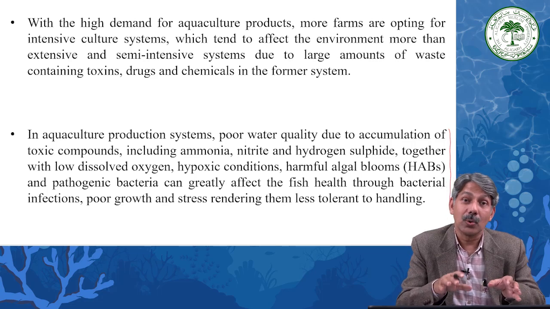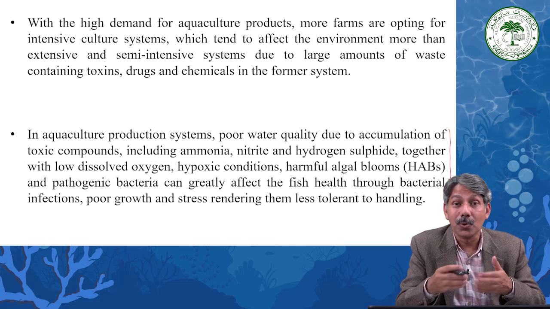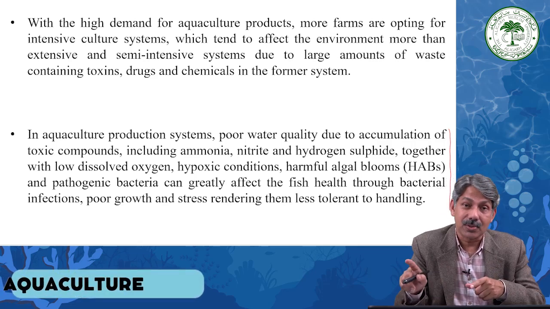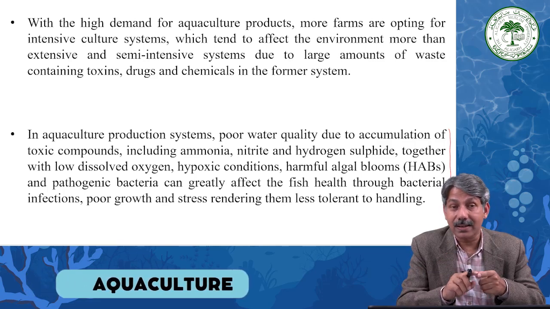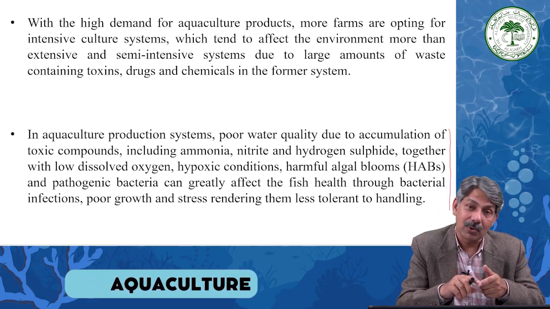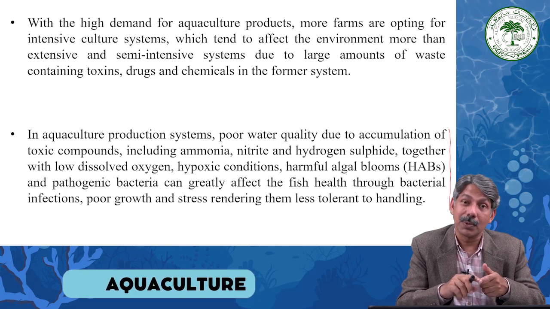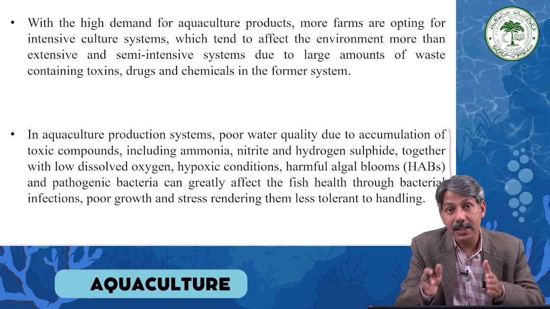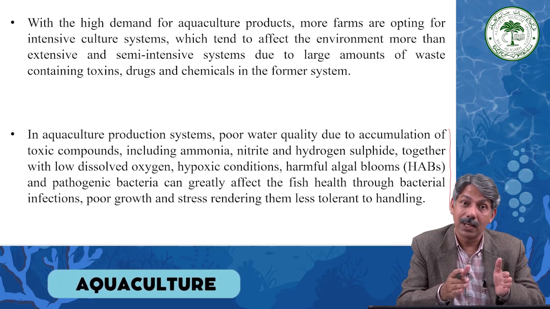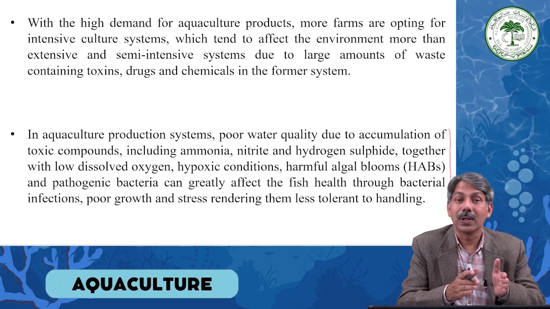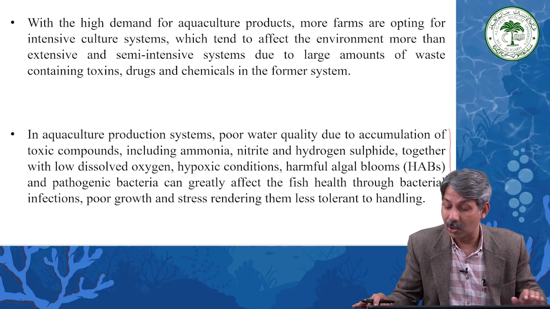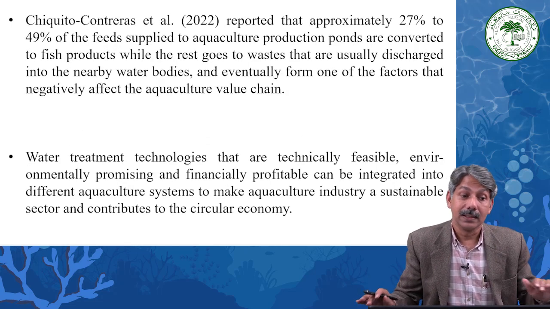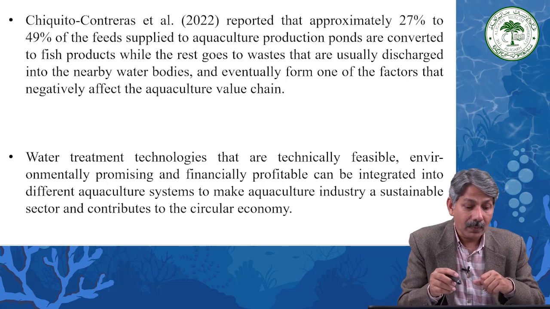That means you are going to add more inputs from outside into the water, and that will alter the chemistry of the water and the characteristics of the water. So, if those altered water quality parameters are not within the optimal range of the fish or any species being cultivated in that system, then your culture practice is going to be adversely impacted, and it will not be economically viable in that case.